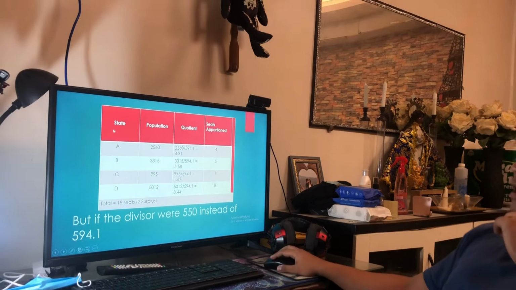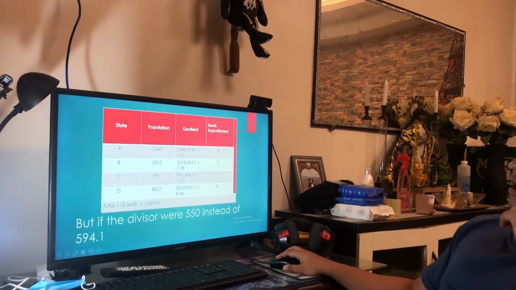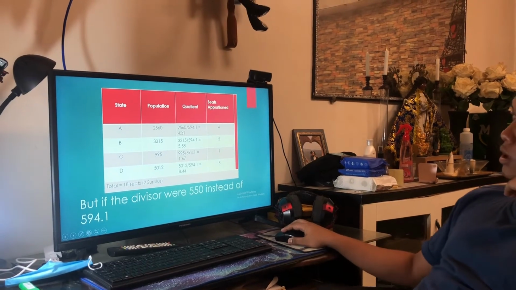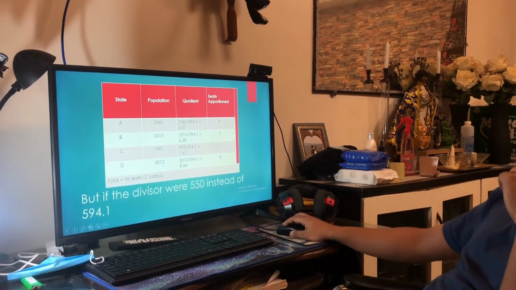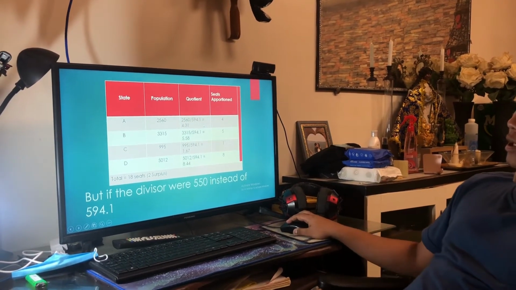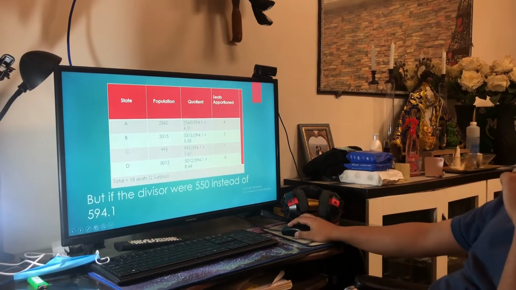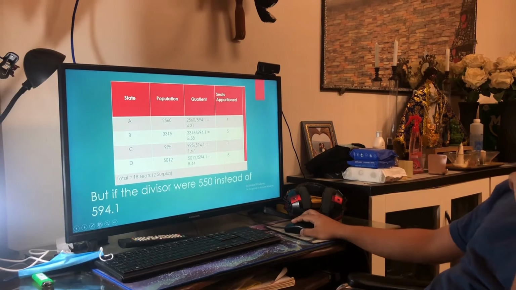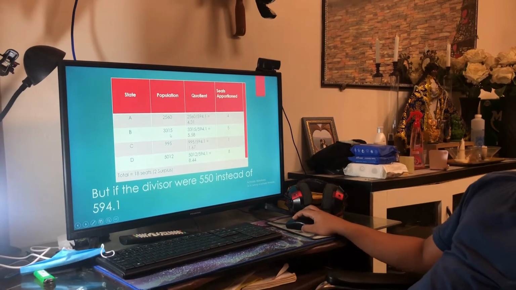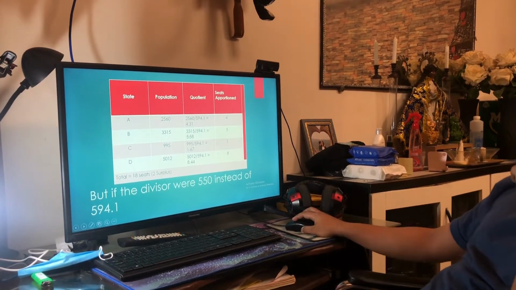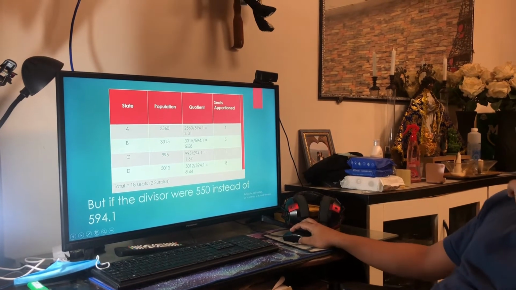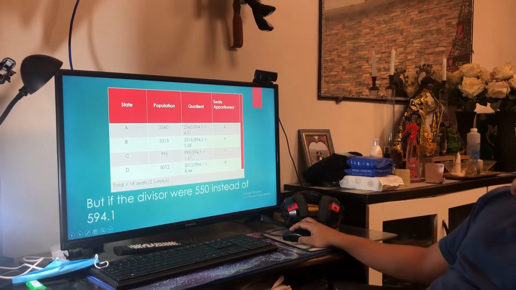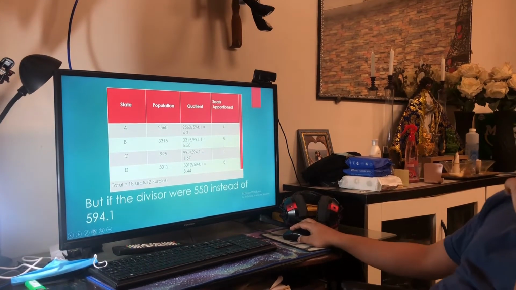State A has 2,560, and the quotient is 2,560 divided by 594.1, which equals 4.31, and the seats appointed is 4. State B is 3,315, and the quotient is 3,315 divided by 594.1, which equals 5.58, and the seats appointed is 5.